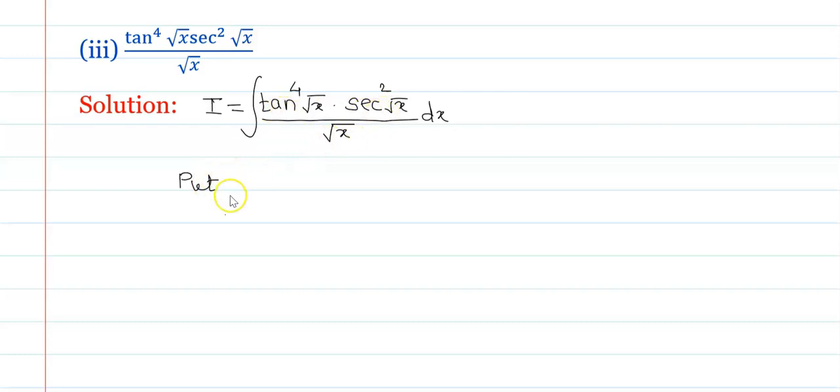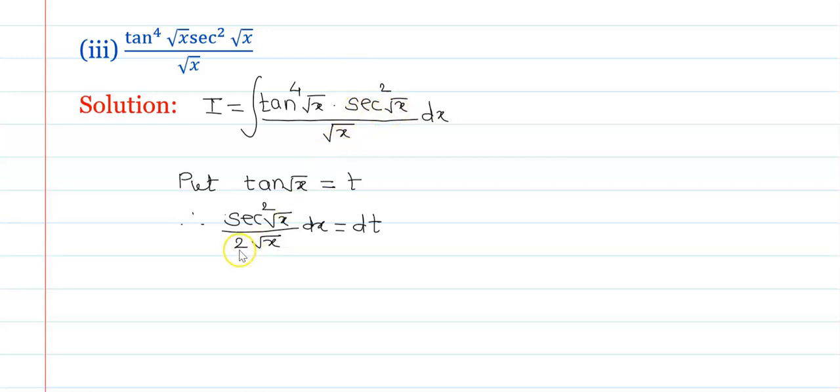this is the tan, here is the sec square. Put tan of root x is equal to t, and therefore after differentiating you will get here sec square root x, and the derivative of root x is 1 upon 2 root x, into dx is equal to dt. But here we required sec square root x upon root x.